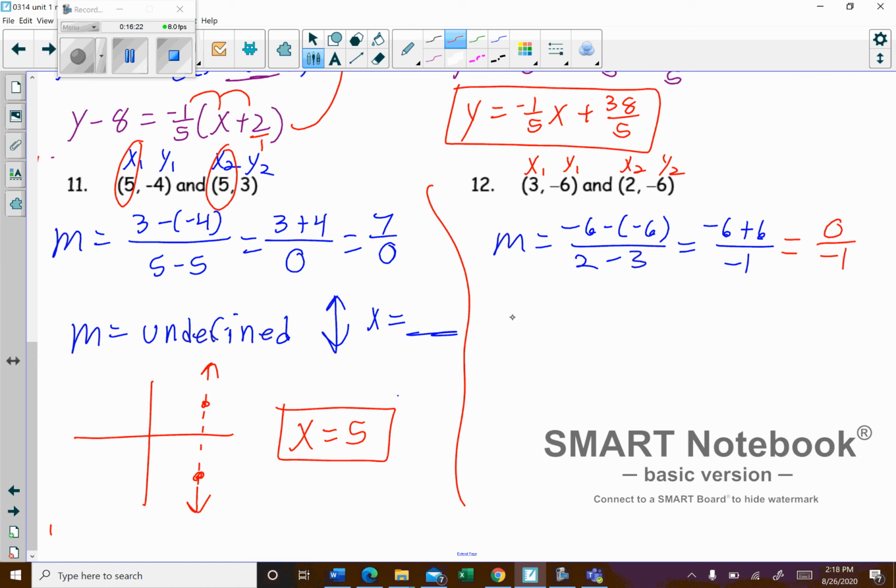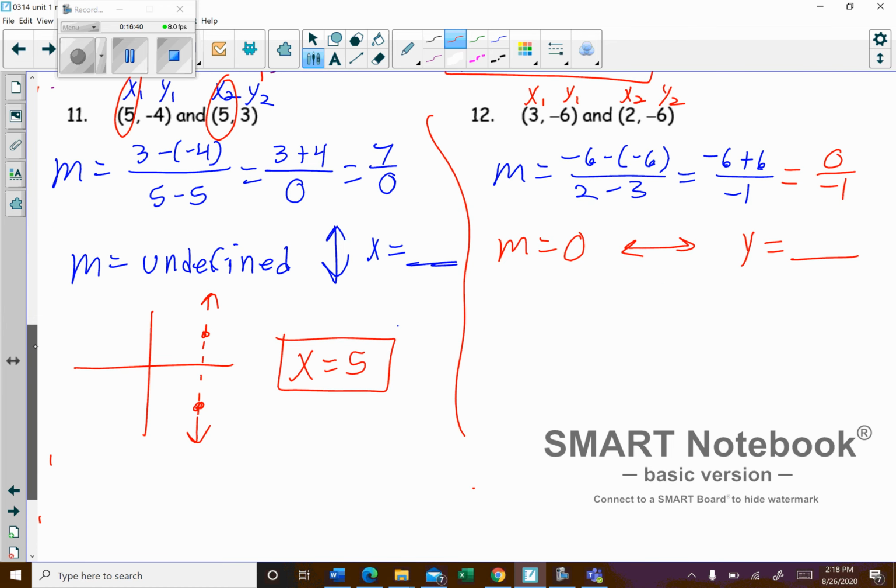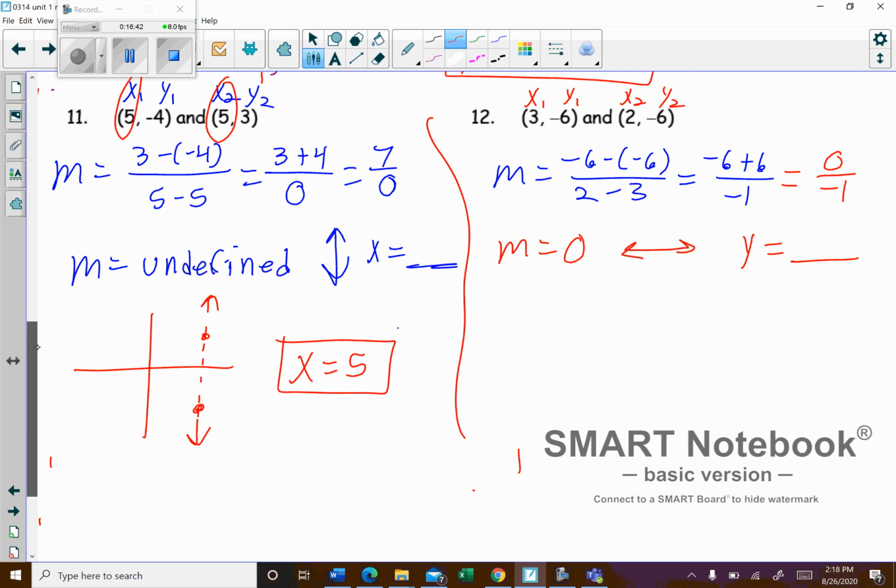Now, this one does equal 0, so this time the slope is 0. So you should automatically realize that it's going to be a flat line. And in this case, it's going to be a y equals something, right? So once again, we can just kind of do ourselves a little generic sketch of this. There we go.